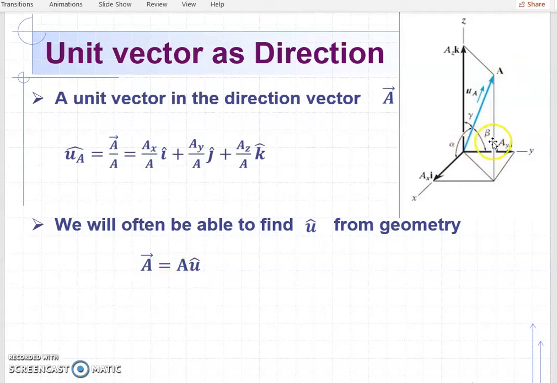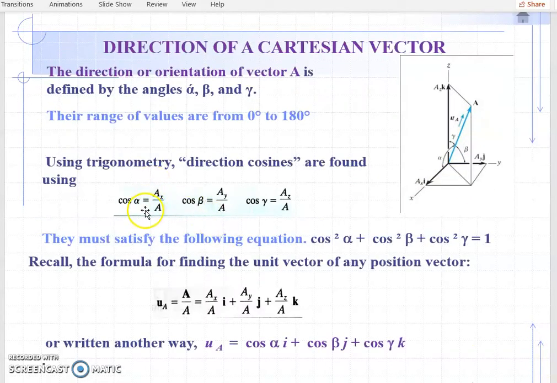Now notice if we draw that up and we take the angle between the vector and say Ax or Ay or Az, then that gives me 3 angles. We're going to call those the direction angles, and their cosines are going to be Ax over A, Ay over A, and so on. It's easier to visualize in the z. You see you've got your A and your Az and your A prime. And then let's take this one, it's where the gamma is defined.